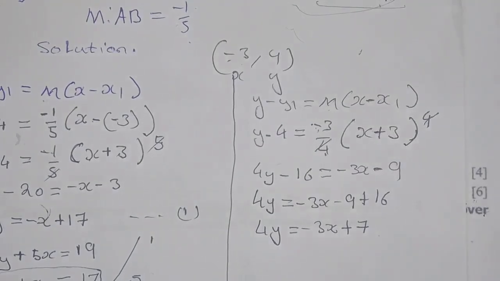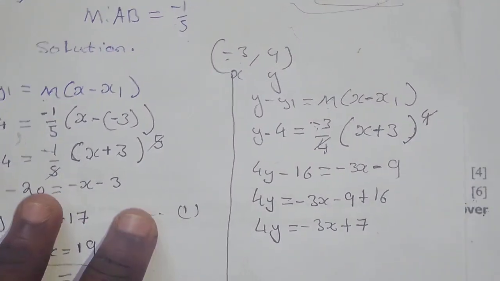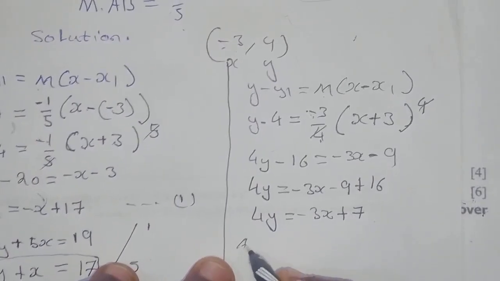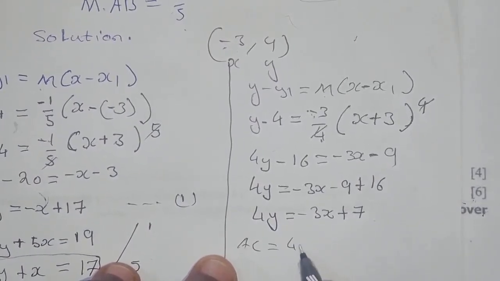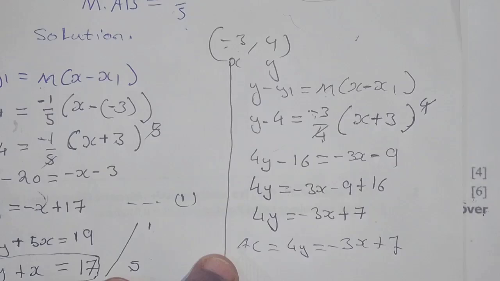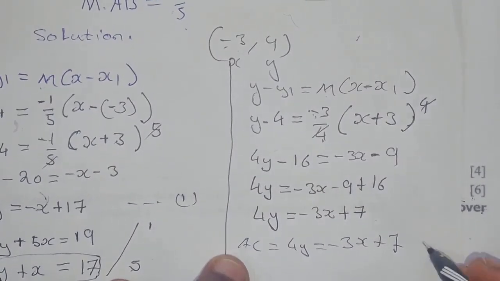If you're dealing with different signs, you subtract, and then you get the sign from the bigger number. Okay, so this is the equation of AC: 4y is equals to negative 3x plus 7.